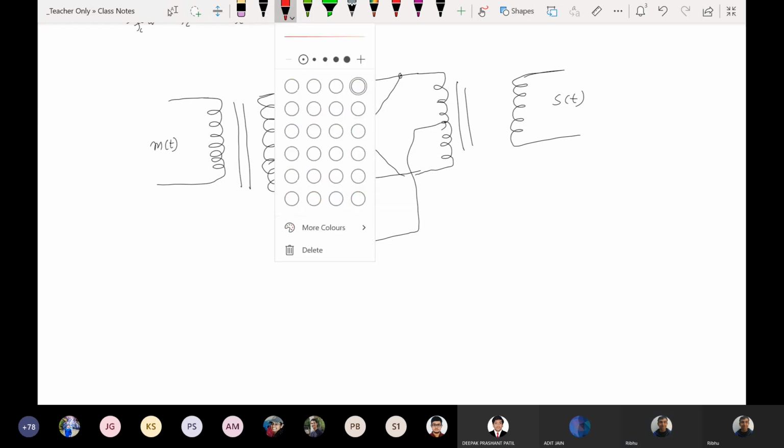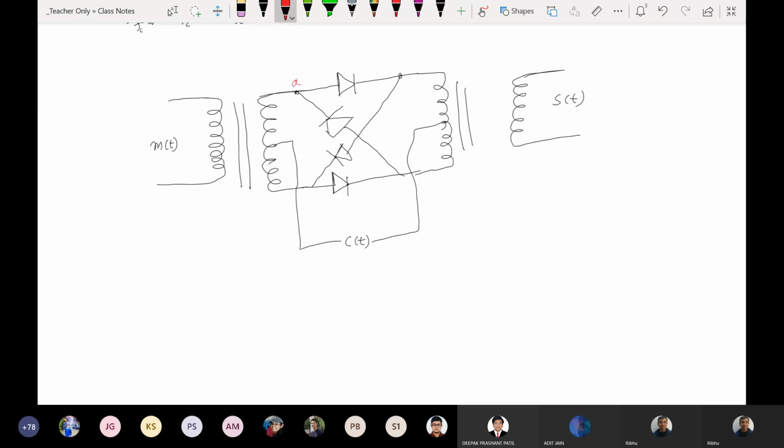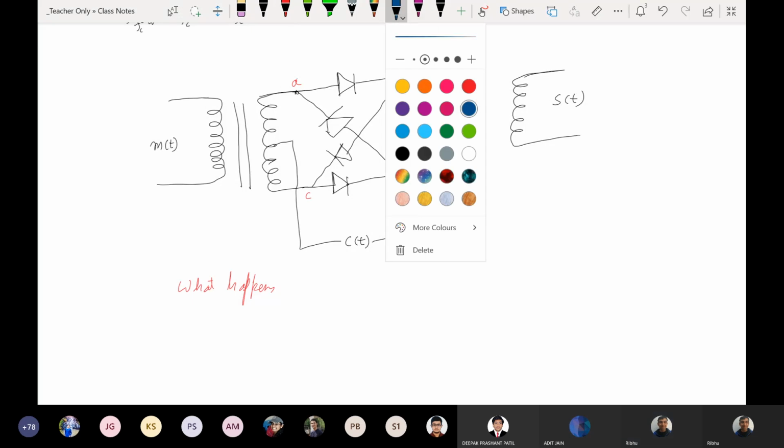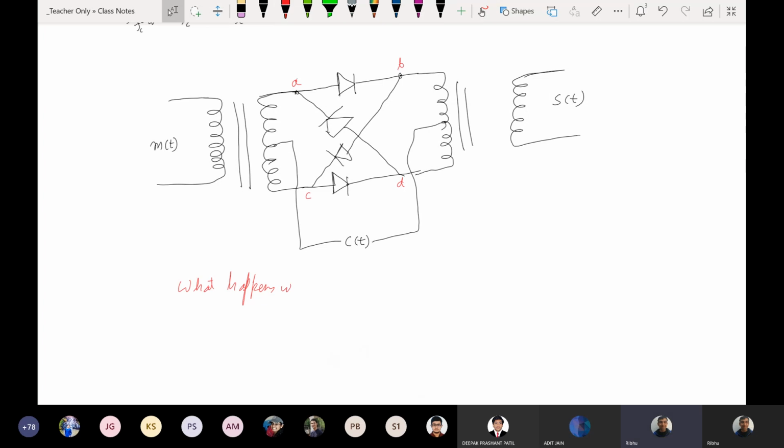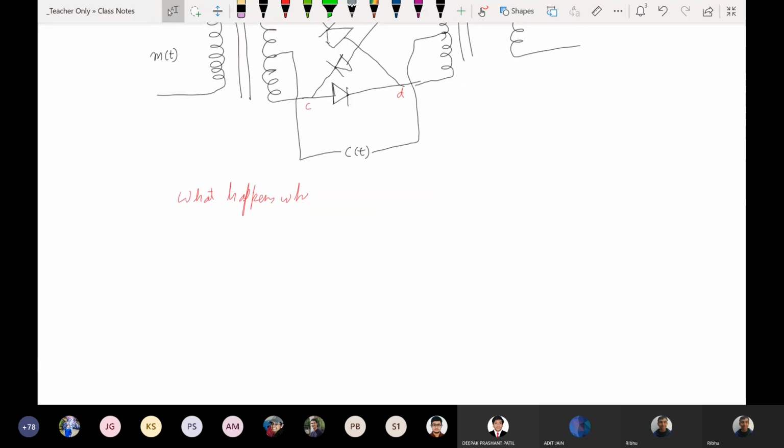Let's call them A, B, C, and D. So now tell me what happens when c(t) is in the positive half cycle?